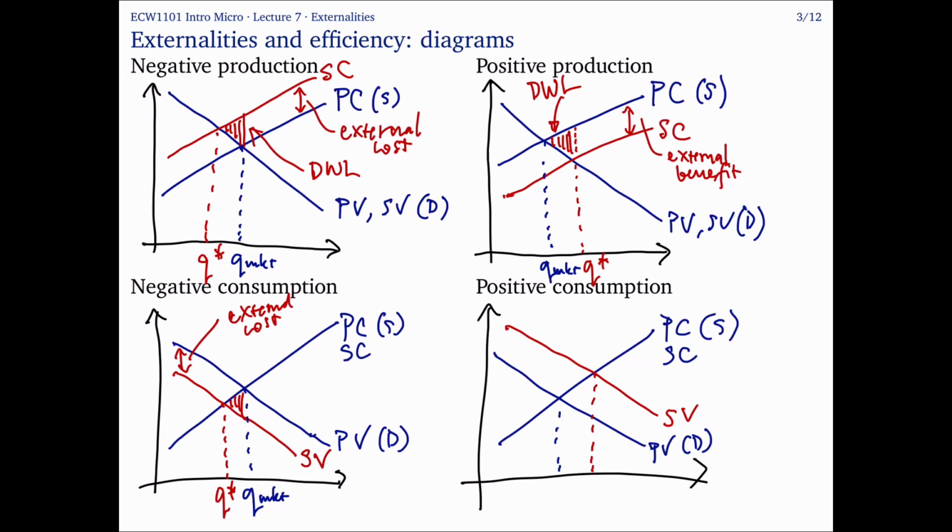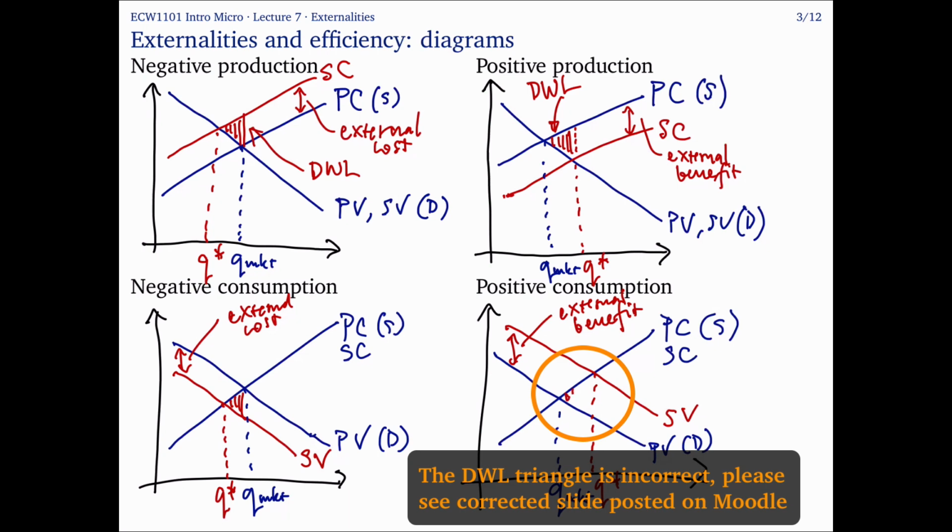So that's the market quantity. That's the socially efficient quantity. There's the external benefit, and there is deadweight loss from the benefit that doesn't accrue to anybody.